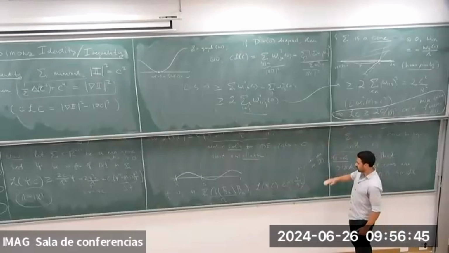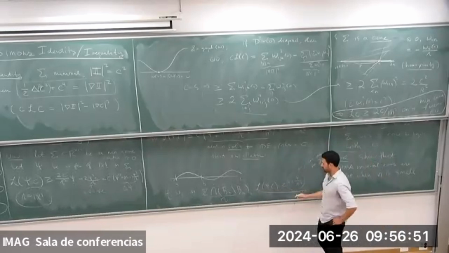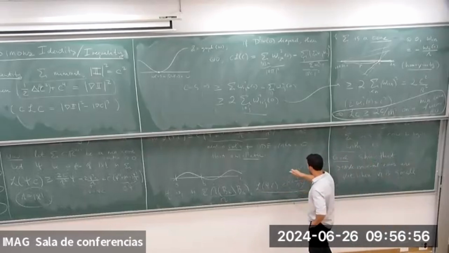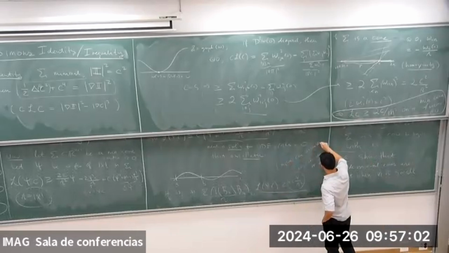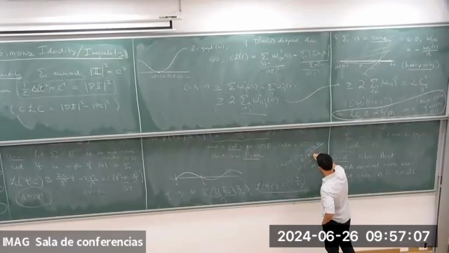So if we did this, we would be done, because if the cone had non-zero curvature, this is exactly the kind of function that would say that the cone is unstable. Unstable, if C is not 0.